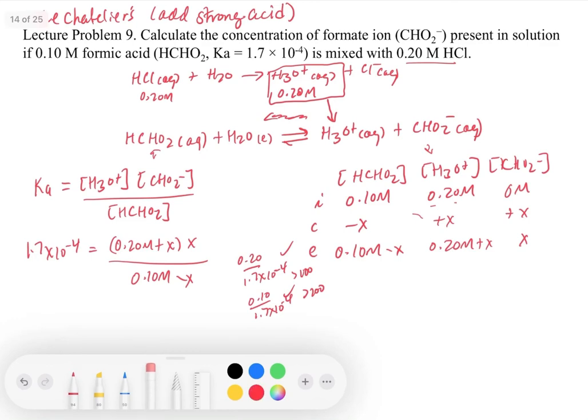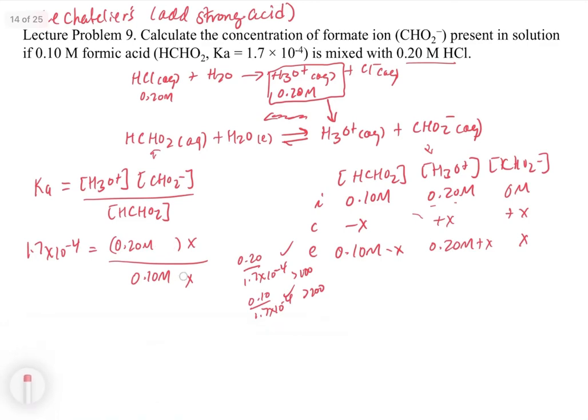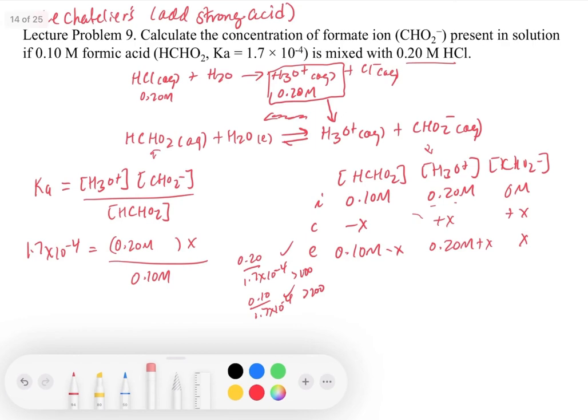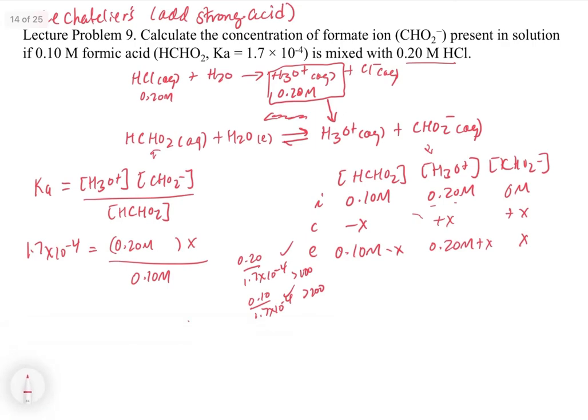So if they both are, we can go in and delete these x's that are being subtracted, because those x's are going to be so small relative to those concentrations that it's not really going to make a difference. Effectively, within significant figures, it's going to be equivalent. And so this simplifies to a very, very simple equation, where now all we have to do is divide 0.20 by 0.10, bring that over to the other side, and do our division.